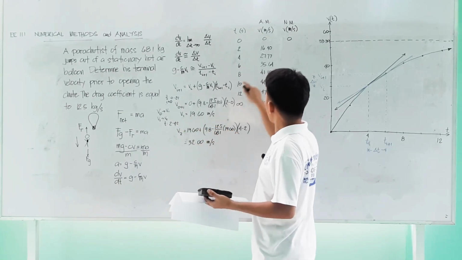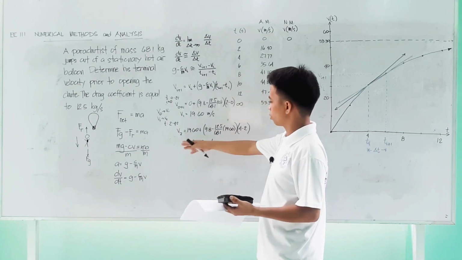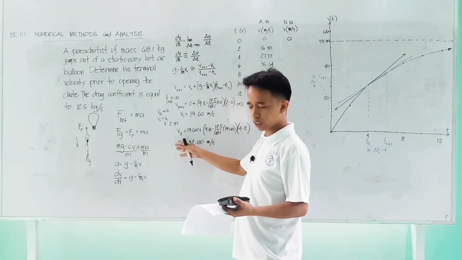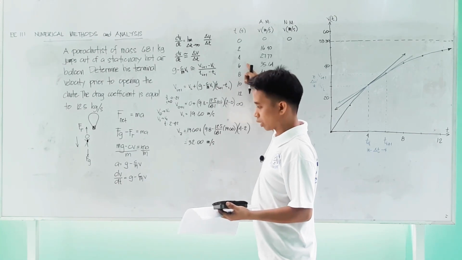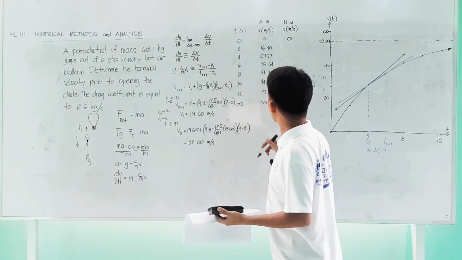So, at time equal to 6, you just have to do this again. Then at time equal to 8, we'll use the value at time equal to 6, and so forth. Okay.